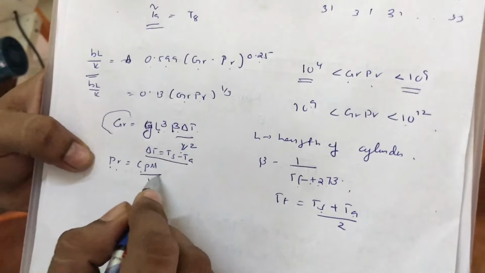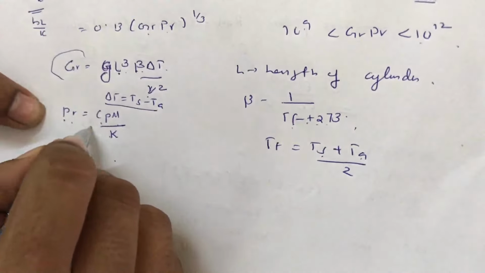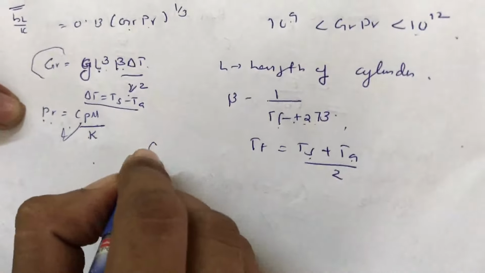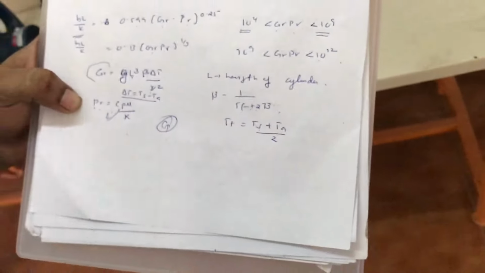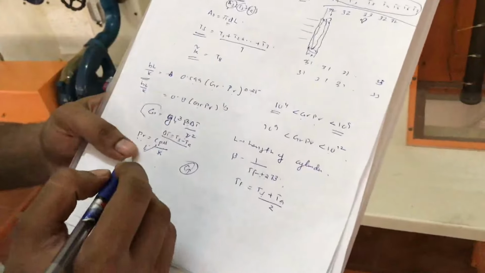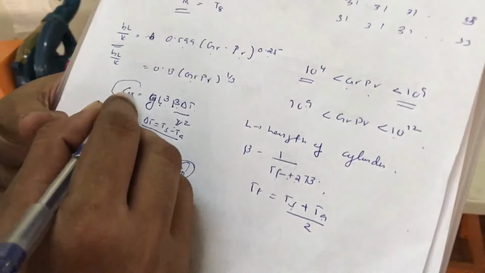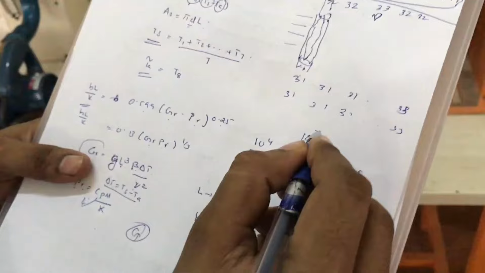Similarly, the Prandtl number is Cp mu by k, where k is the conductivity, mu is the dynamic viscosity, and Cp is the specific heat at constant pressure. From that we obtain the Prandtl number. Then we find Gr into Pr; suppose it is about 10 raised to 7.